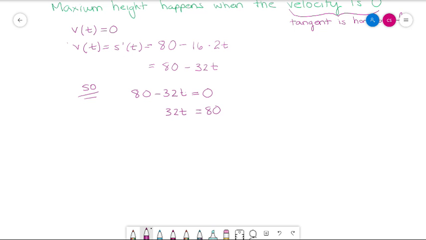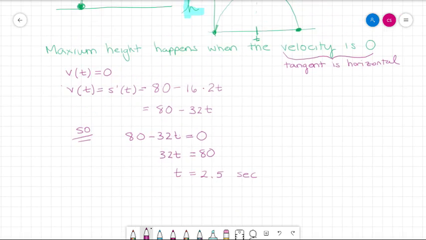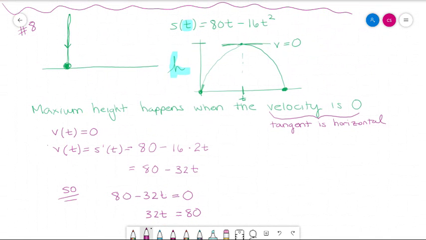But however you like to solve that linear equation, you guys should get t equals 2.5. And t is time, so it's really t equals 2.5 seconds. So what this is saying is at t equals 2.5 seconds, our velocity is 0. So that means at 2.5 seconds, we're at the maximum height.